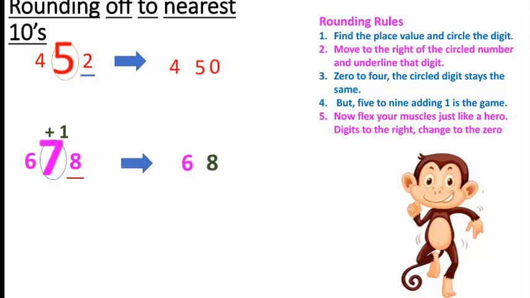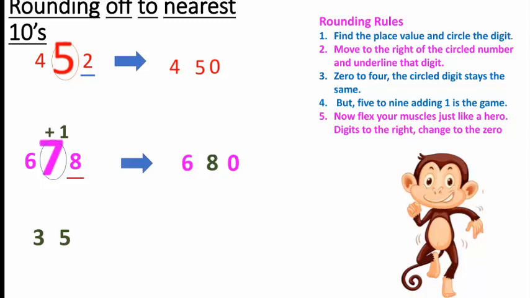But when we round off this underlined digit, it will be written as 0. Clear? So what is the rounding off we have got for 678? We got 680. Clear? Let us come to the next number.